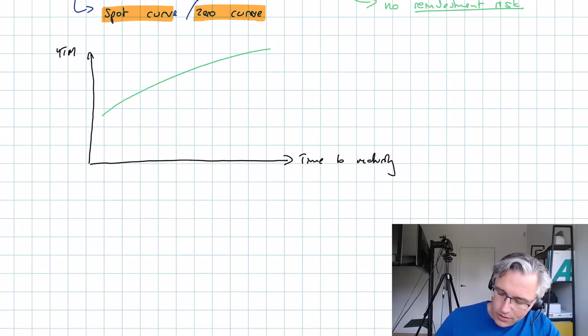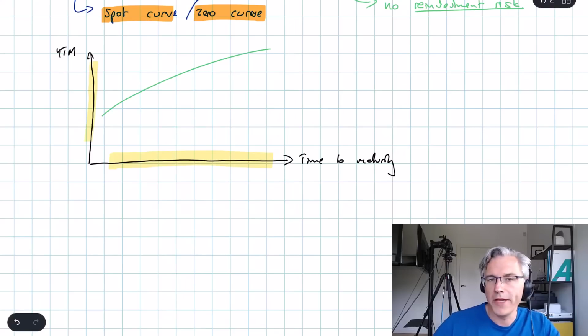So the longer the time to maturity, the higher the yield that investors expect from it.